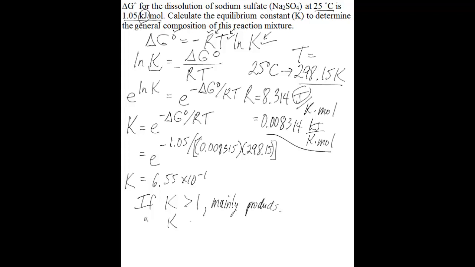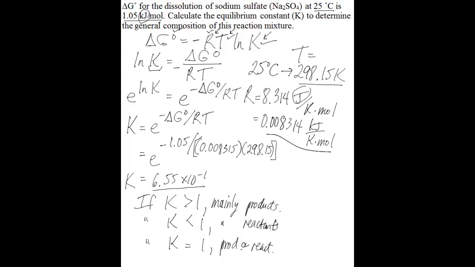If you have a K value of less than 1, you know that your equilibrium mixture is mainly reactants. And if you have a K value equal to 1, you know that your equilibrium mixture has appreciable amounts of products and reactants.